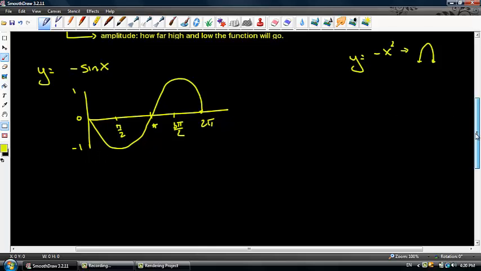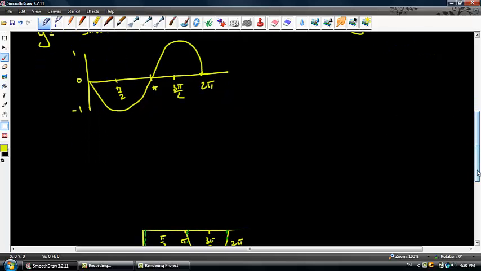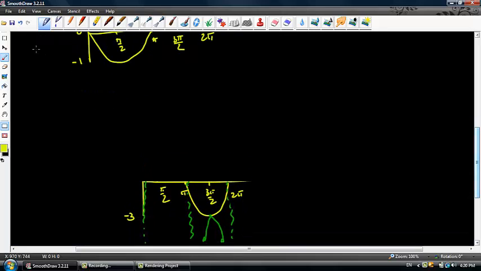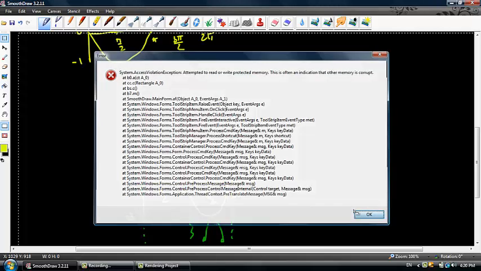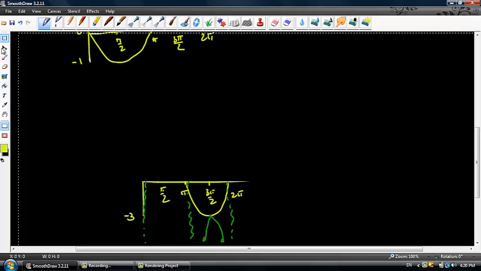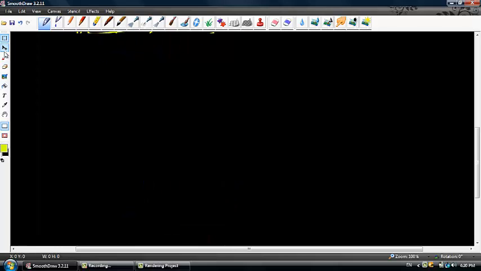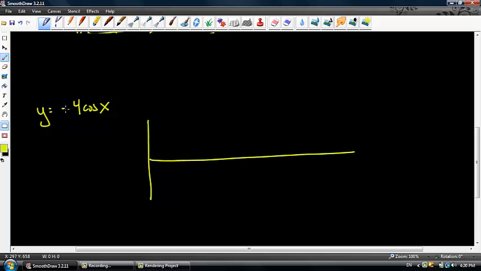All right, so let's see if we do something a little more complicated with cosine. Okay, with cosine, if I say y equals negative 4 cosine of x, well, we know that our upper bound is going to be 4 and our lower bound is going to be negative 4, and it starts at 0.